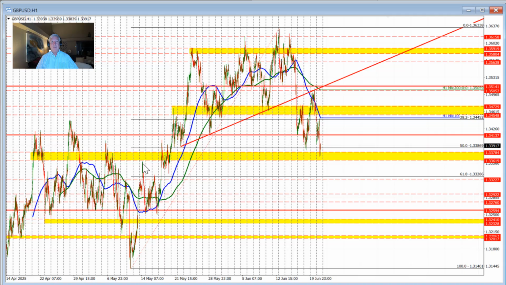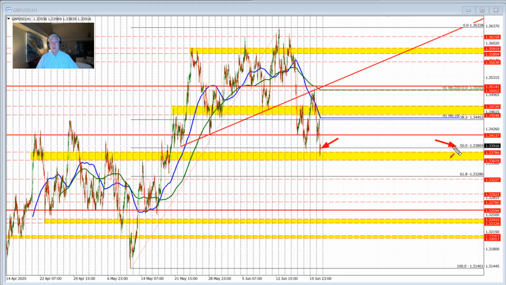But if we were to move below those levels, below this old high right through here, that would increase the bearish bias and have traders looking toward the 61.8% retracement at 133.28. So sellers are more in control. We're also toying with the 50% midpoint of the move up from the May low to the May high. That level also is going to be a level of importance for traders. So keep that level in mind, as well as 133.869.